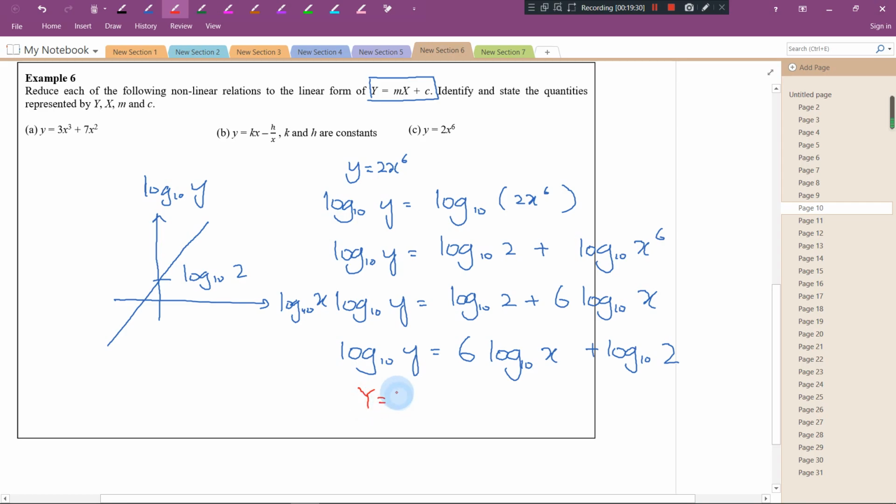Okay, so the big Y is log base 10 of y, the big X is log base 10 of x, and the gradient is 6. The y-intercept is log base 10 of 2. Okay, so this is the way how we deduce the non-linear relations.